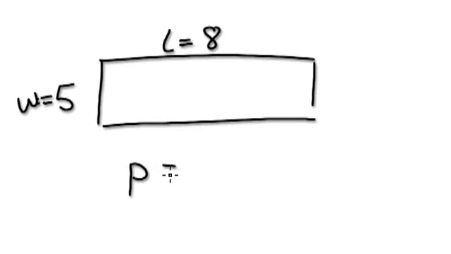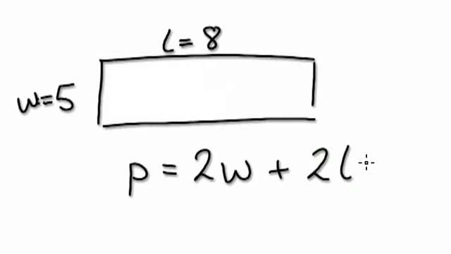Okay, so let's give you another example. Let's say a rectangle here. This is 5, and this is 8. So L here is 8, and W here is 5. Now we know the formula for the perimeter. Perimeter equals 2W plus 2L.